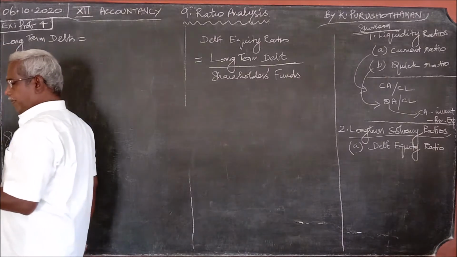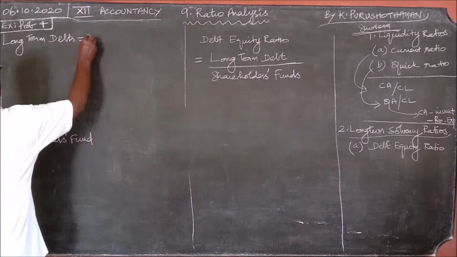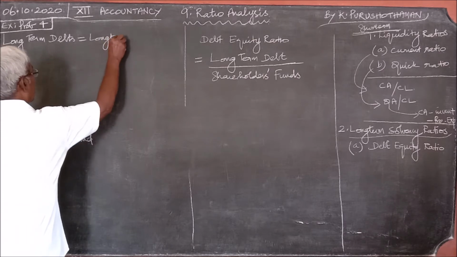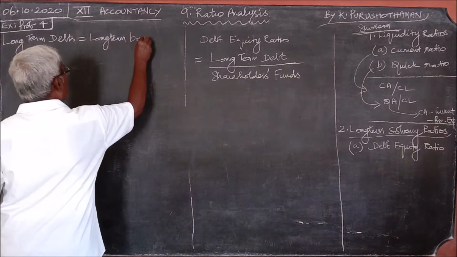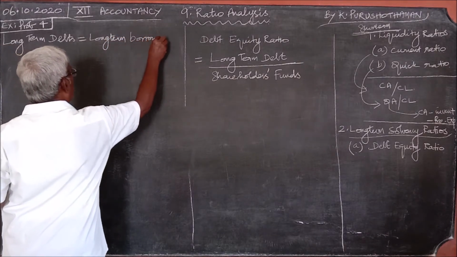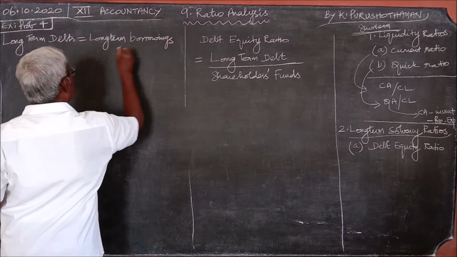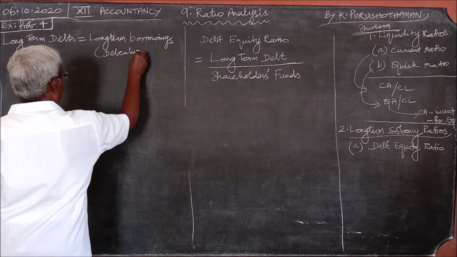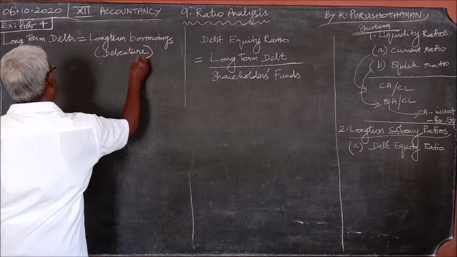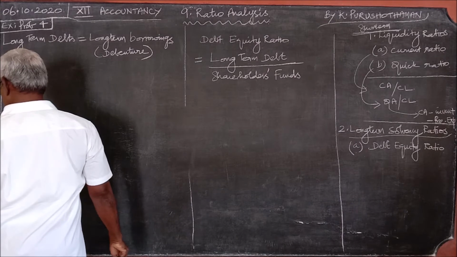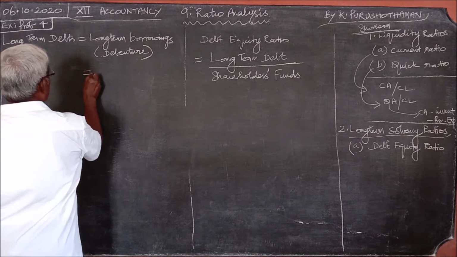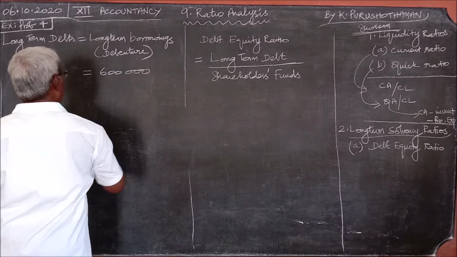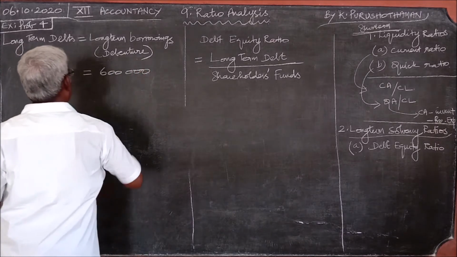As in the example, only long-term borrowings is given, that is debenture, and the amount is 6 lakhs. No more items out of these 4, only one item is given.